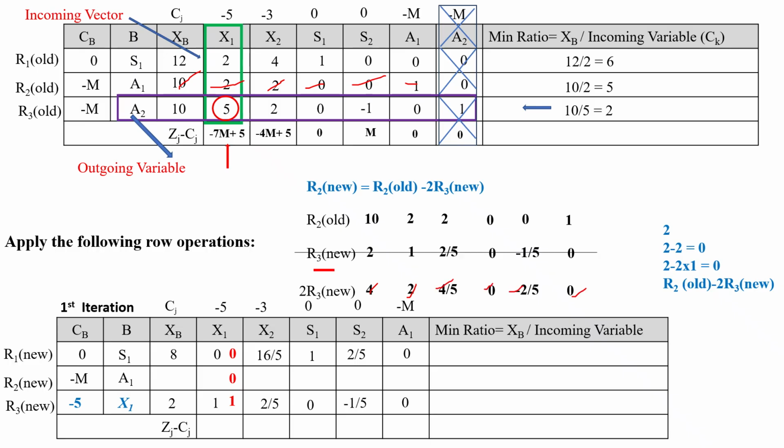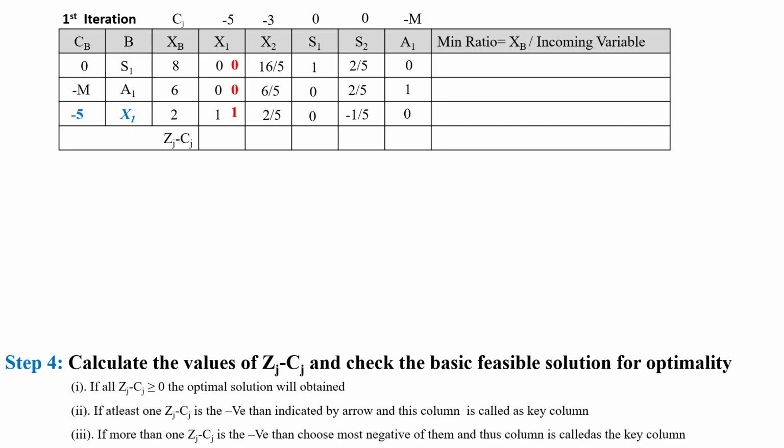Then R2 old minus 2 R3 new is equal to the 10 minus 4 which is equal to the 6, and 2 minus 2, 0, and 2 minus 4 by 5, 6 by 5, 0 minus 0, 0, 0 minus of minus 2 by 5, 2 by 5, 1 minus 0, 1. Enter these values in the R2 new row.